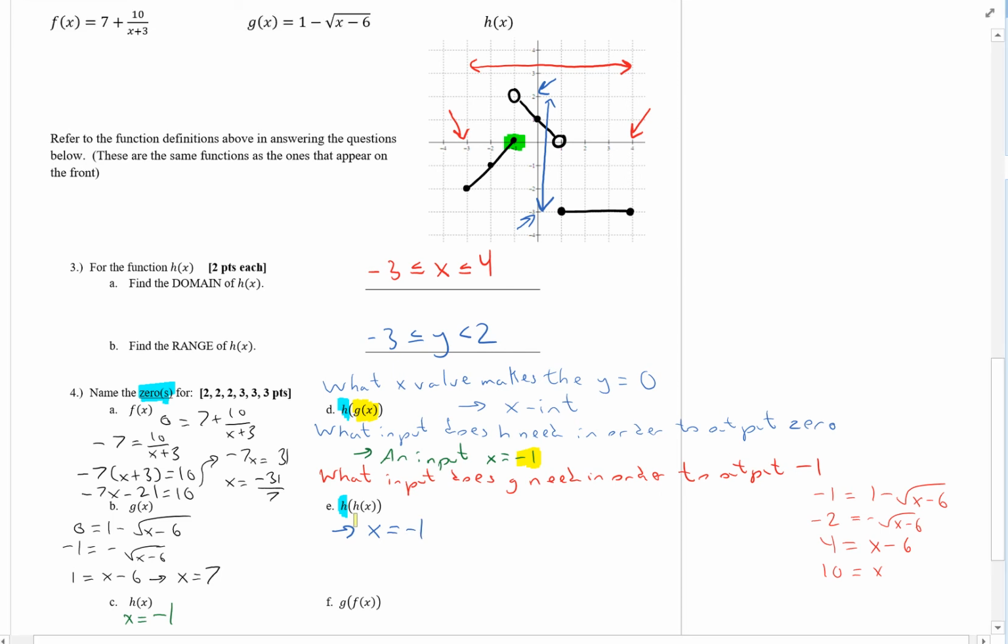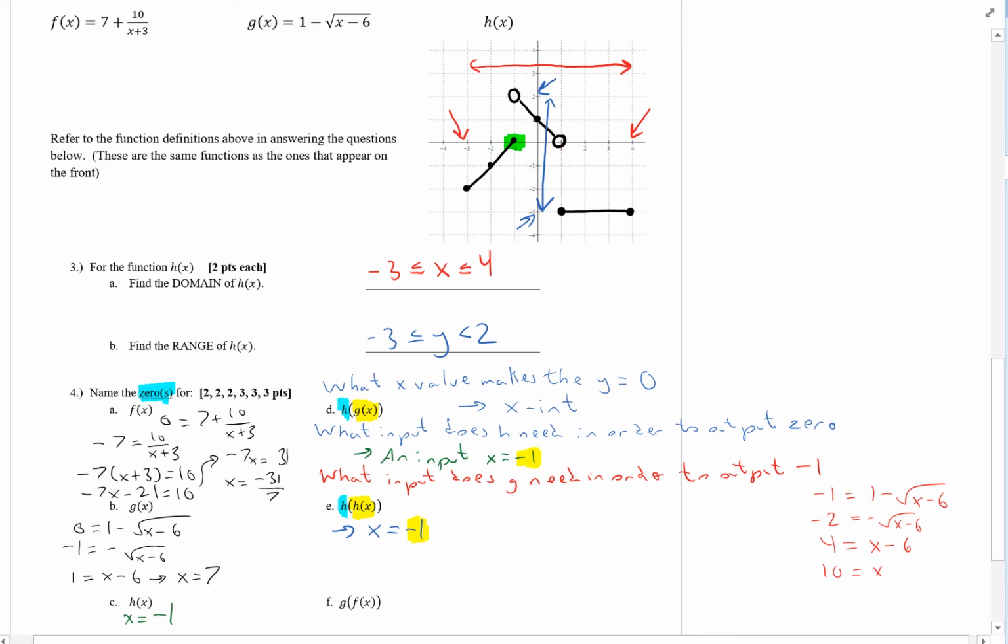And then I'm asking my inner function, when is that equal to -1? That's the same thing we did above, except above we found out when g of x is going to equal -1 by solving and finding that that's when x equals 10. Here we need to look graphically. When does h of x equal -1?